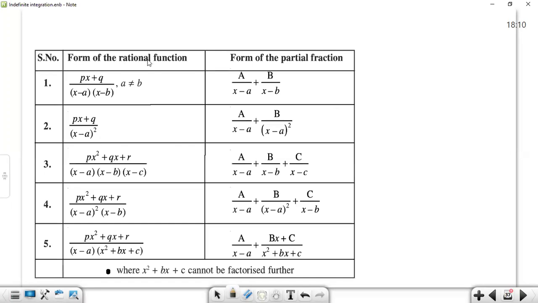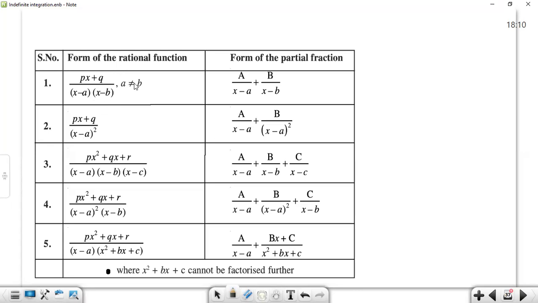So these are some forms of rational fractions. Here, the numerator is a linear polynomial, the denominator is quadratic, and this is also the same. But here, as you can see, there are two different roots of the quadratic equation in the denominator.